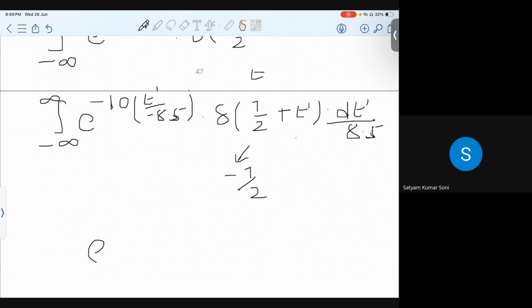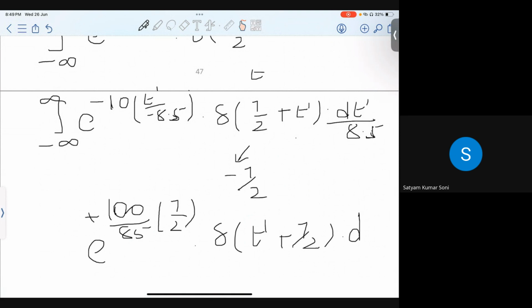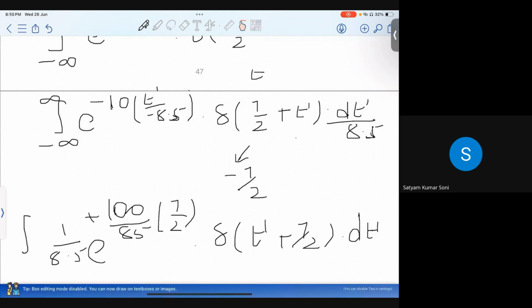And this would be e power plus 10 by 8.5 times 7 by 2, times del of t prime plus 7 by 2 times dt prime. Here 1 by 8.5 is also there, that factor, integrated from minus infinity to infinity.